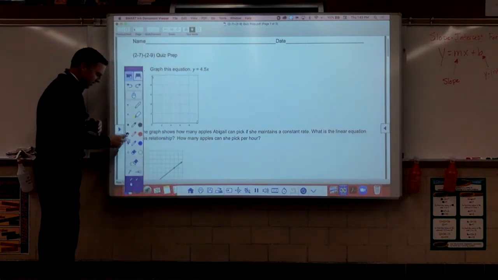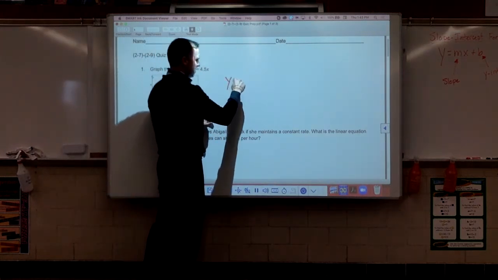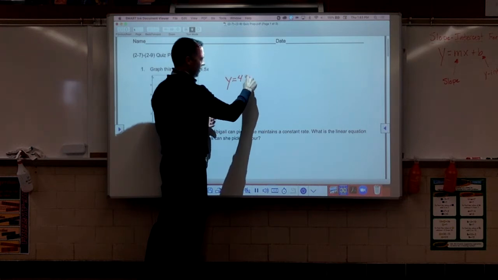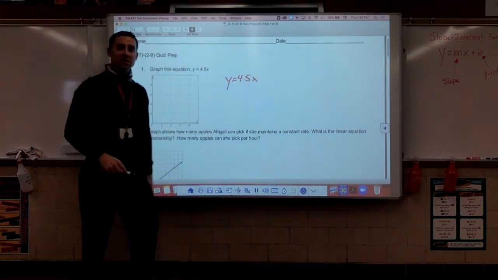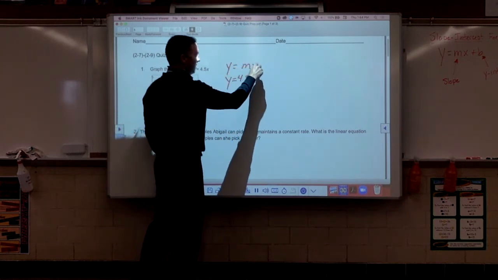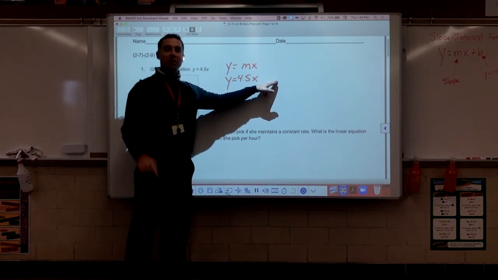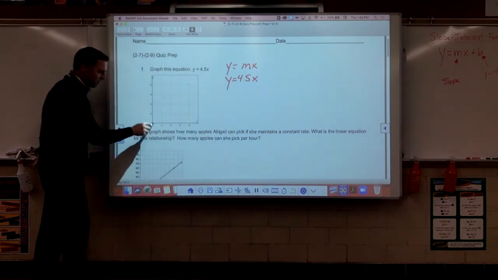Okay. Let's graph the equation y equals 4.5x. That looks like a proportional equation written in the form y equals m times x. That's right. This is your slope, and there is no y-intercept because that y-intercept is 0.